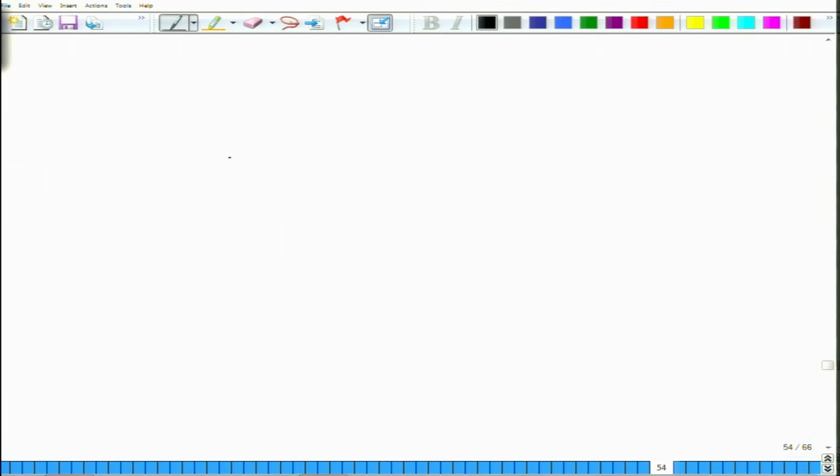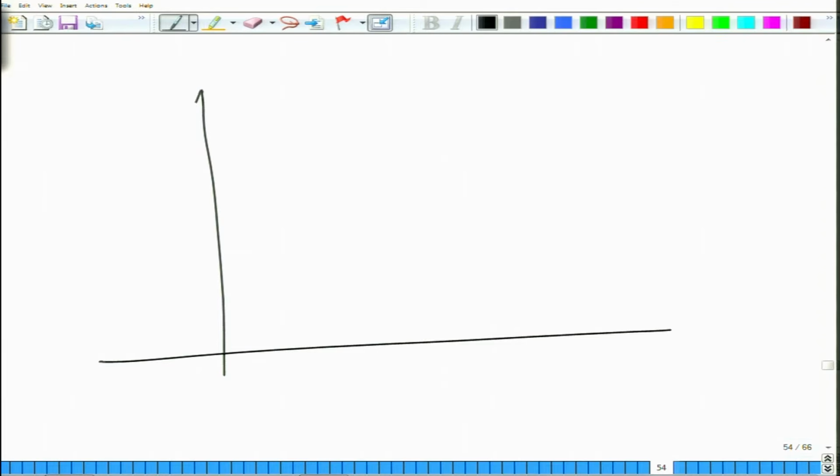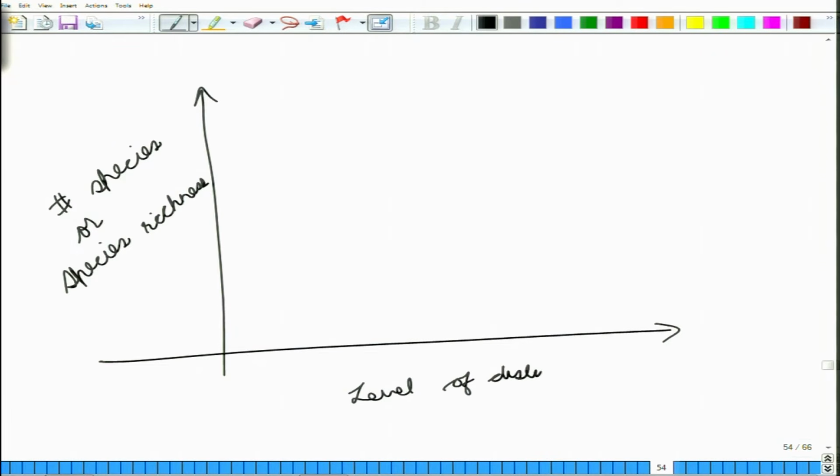So, essentially if we tried to make a curve of the number of species, or the species richness, versus the level of disturbance, we will find that at very low levels of disturbance we have a low number of species, at very high levels of disturbance we have a low number of species, but in the central region with intermediate levels of disturbance we have a larger number of species.